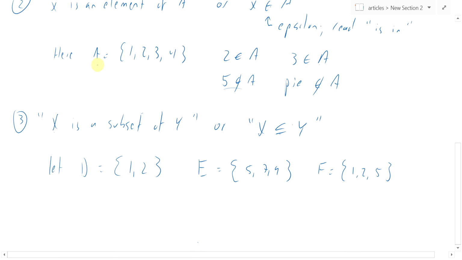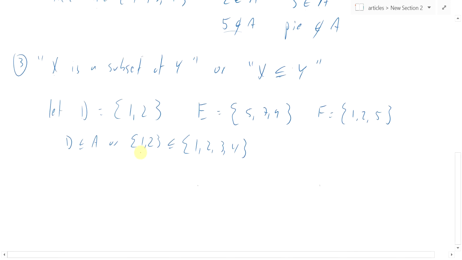Is E a subset of A? Is F a subset of A? What does it mean to be a subset? So, D is the set {1, 2}, and that is a subset of the set A, which is the set {1, 2, 3, 4}. What makes something a subset? Everything in D is in A.